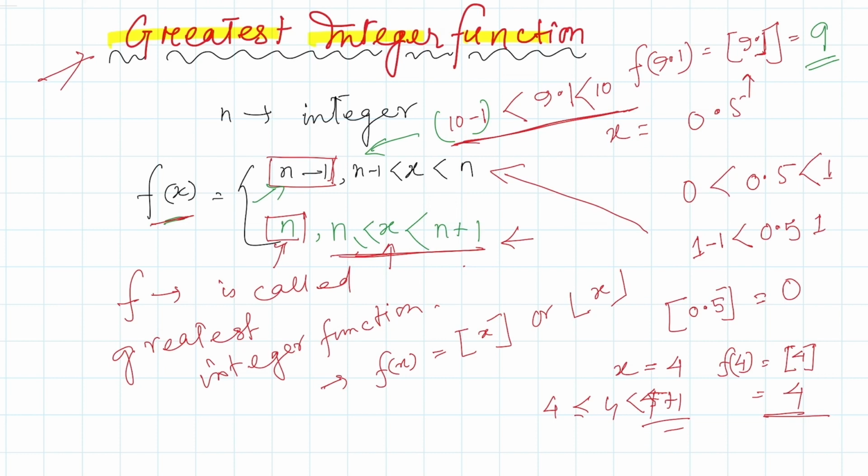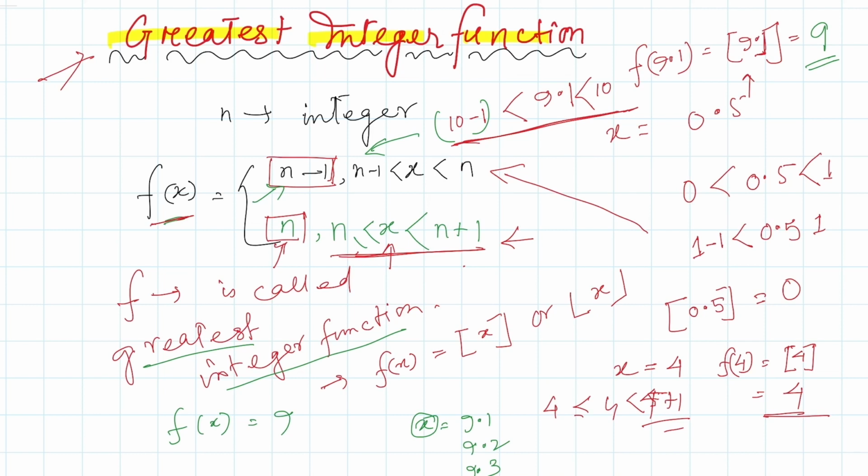That means it depends on the value. Suppose f is a greatest integer function. Here you see, if x is not an integer, suppose 9 point something, 9.1 or 9.2 or 9.3, in that case its value will be 9.